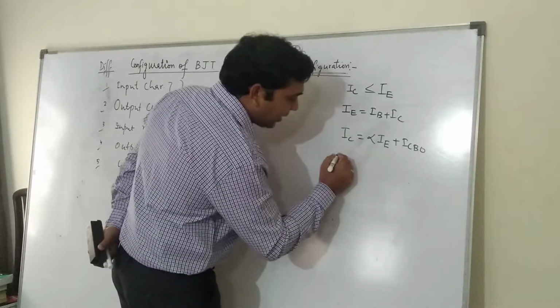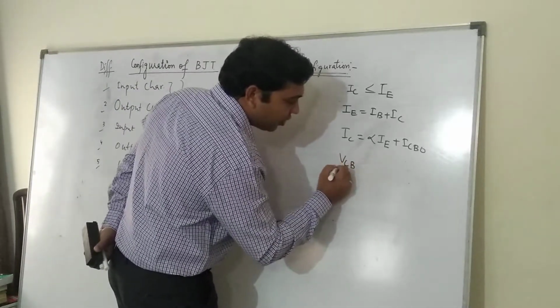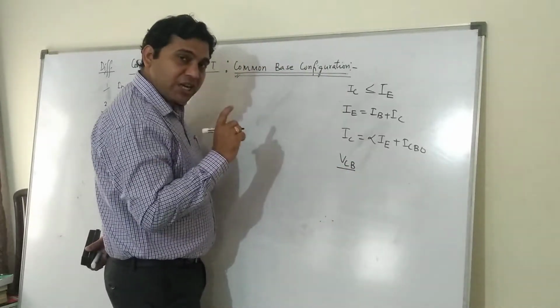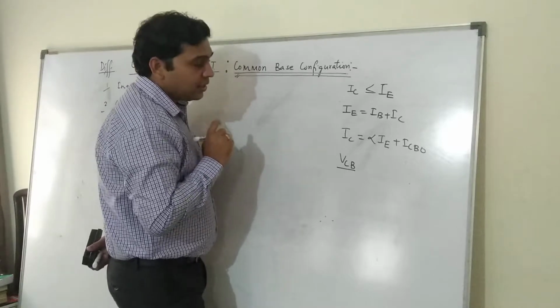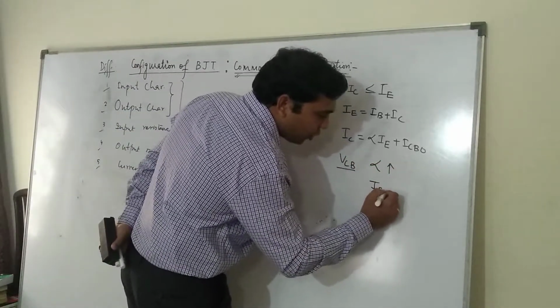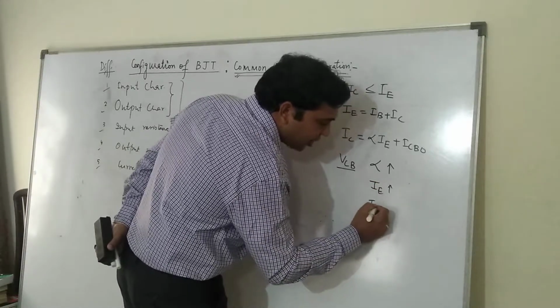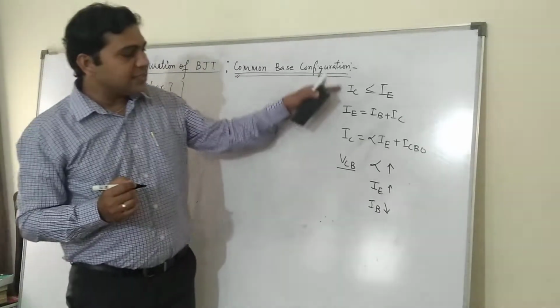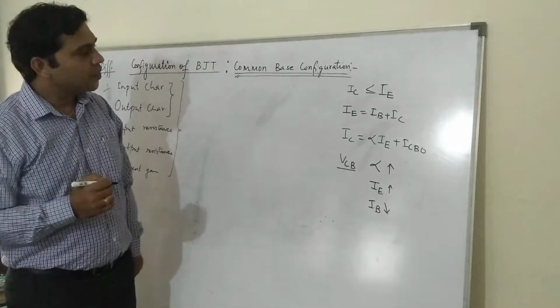If we increase the reverse voltage VCB between the collector base junction, then alpha is going to increase, IE is going to increase, however IB is going to decrease. These things we have already studied in the last lecture.